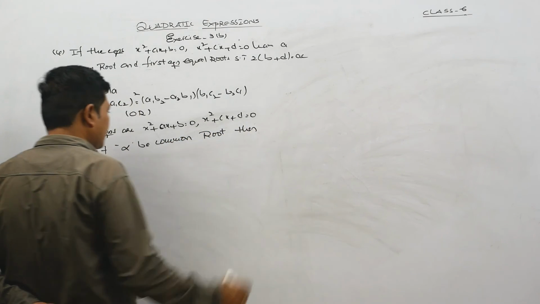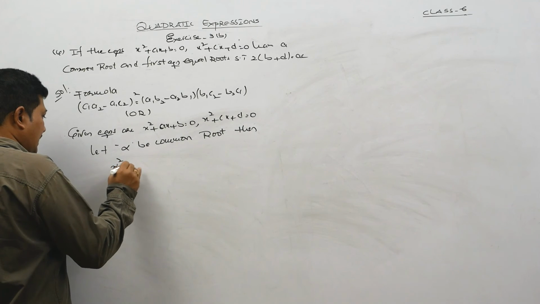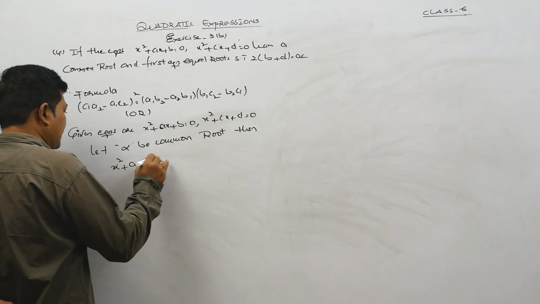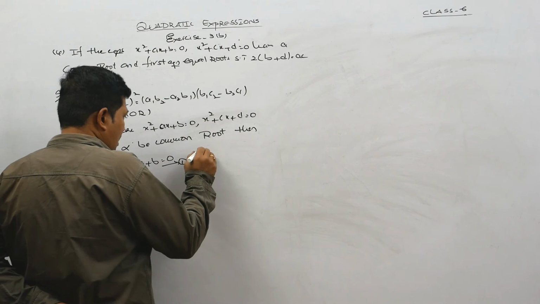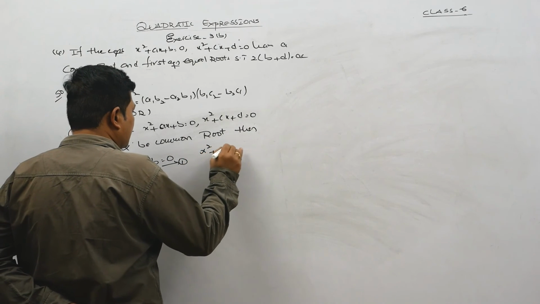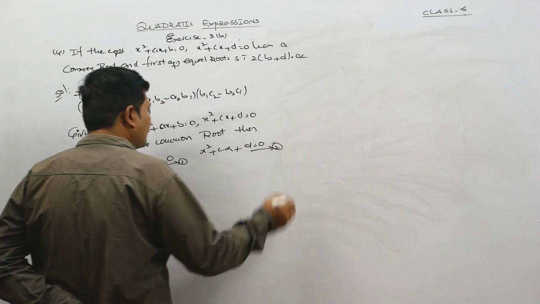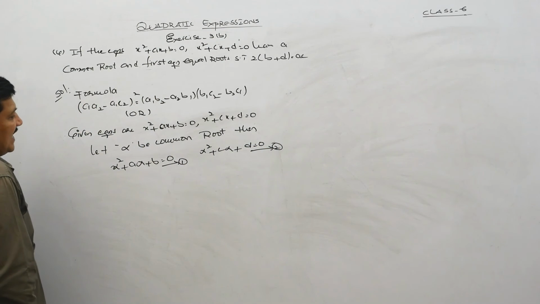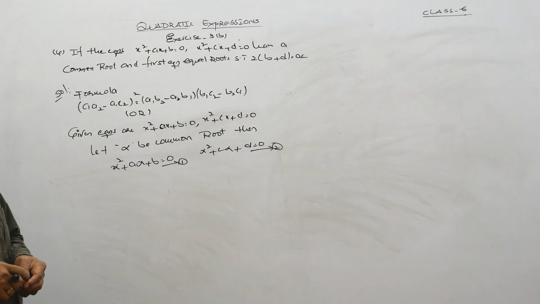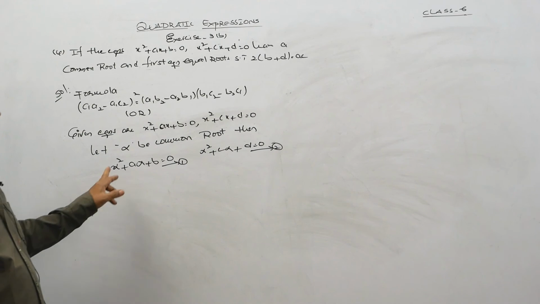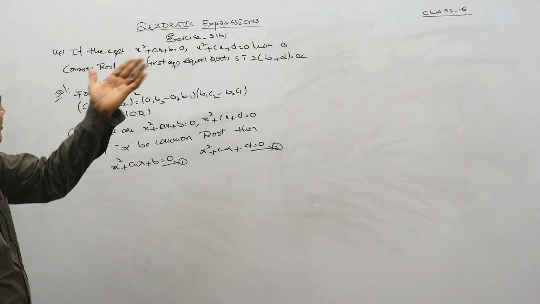Then alpha square plus a alpha plus b is equal to 0, equation 1. Alpha square plus c alpha plus d is equal to 0, equation 2. So we used condition 1, that is both the equations are having a common root, so alpha is the common root. Now let's use the second condition also.